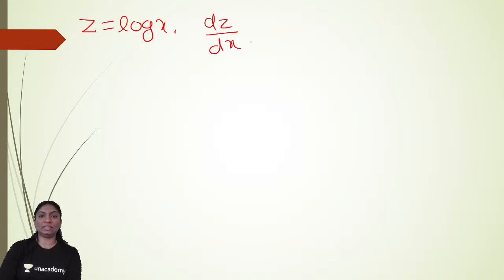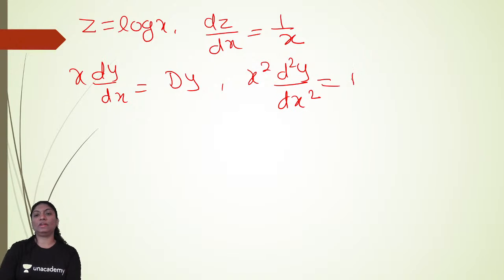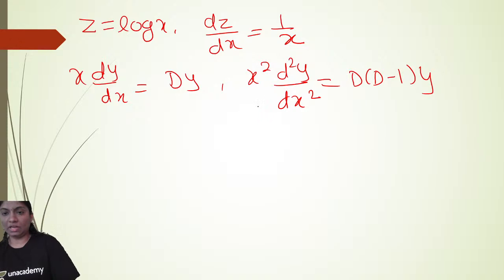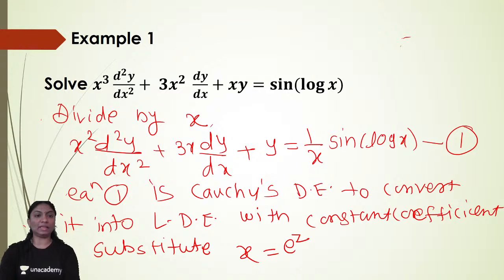dz by dx is equal to 1 upon x. Now we will write x into dy by dx is equal to Dy, and x square into d2y by dx square is equal to D into D minus 1 of y. Now the highest term is only x square.